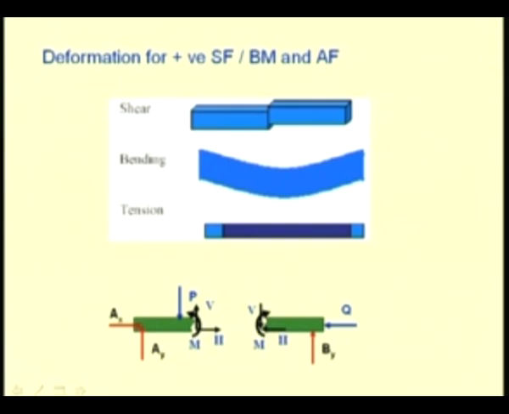And let us consider this bending moment M. This tends to bend the beam in this fashion, and the axial force H tends to pull this member, thereby the member is subjected to tension. So, these effects are taken for the positive conventions.